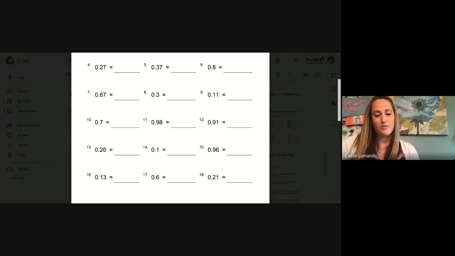Let's look at number 10, 11, and 12. For number 10, we have 7/10. For number 11, we have 98 hundredths. For number 12, we have 91 hundredths. Let's pause here and see if we can write these 3 as a fraction.